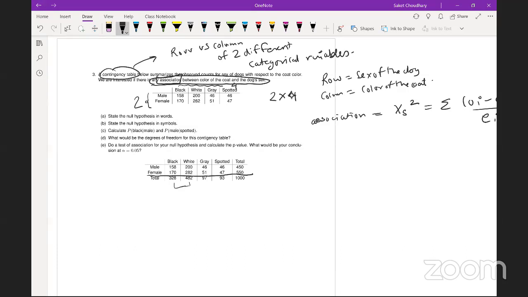Okay, so how do we come up with the expected value? Let's look at male and black. The expected value of a dog which is male and black is given by 450, which is your row sum, times the column sum, which is 328, normalized by the total count, right?